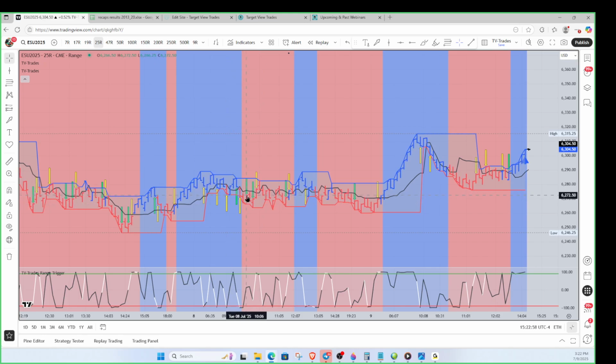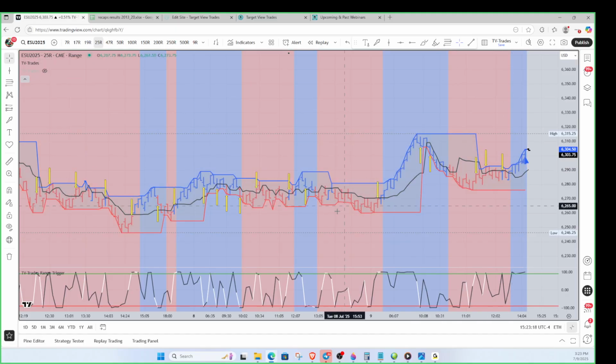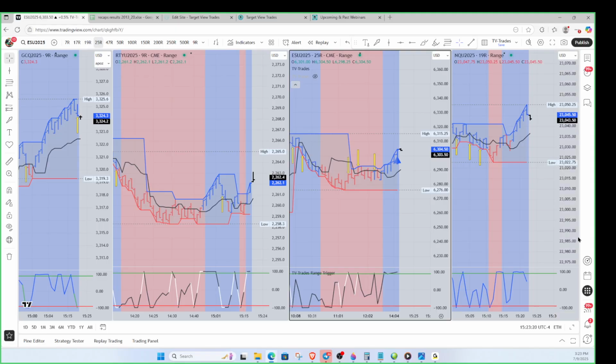It's a 25 range, so you would sell the open of the next bar, buy the open of the next bar, sell the open of the next bar. You see? Okay, uncheck it. Jerry, uncheck that and see how it works out for you.